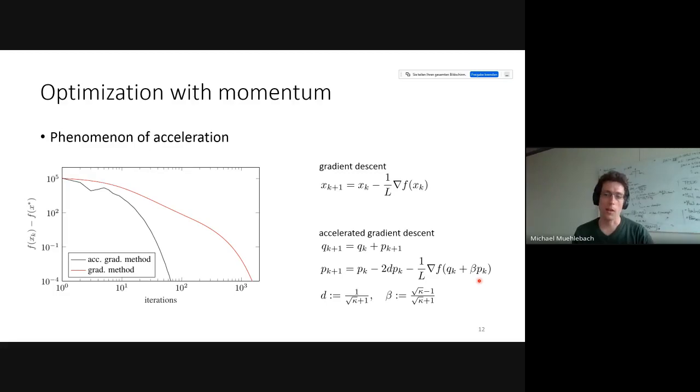And note that it has some interesting features. So first, you evaluate the gradient here at this position here, which is not exactly at qk, but at something which is shifted. And then it has these two constants, so the constant d here and the constant beta, and these are chosen as a function of the condition number kappa.